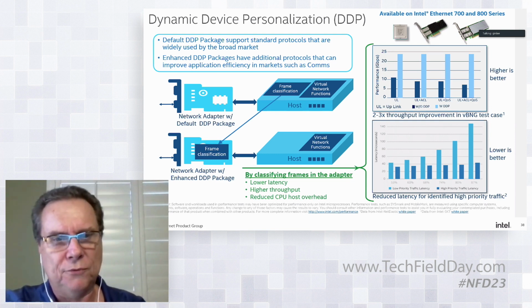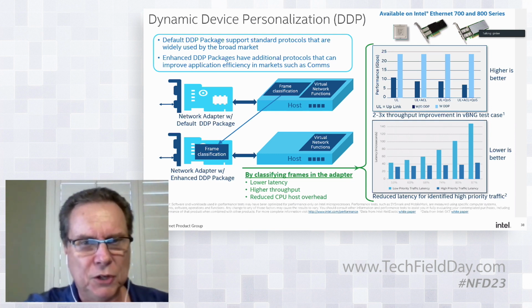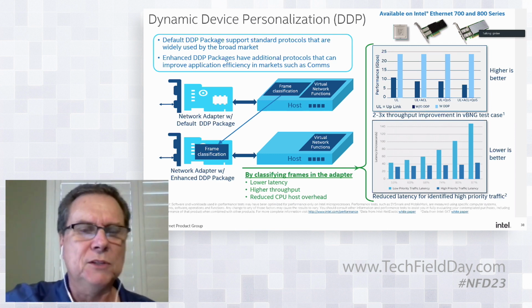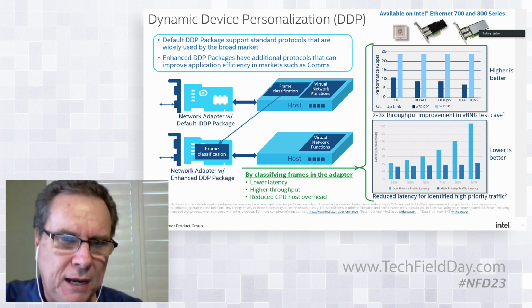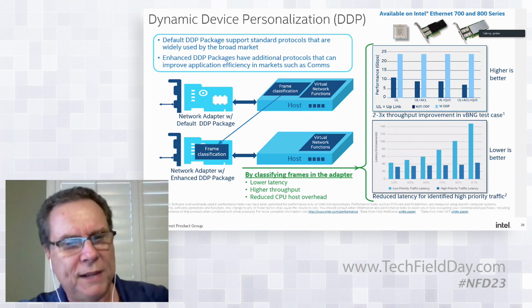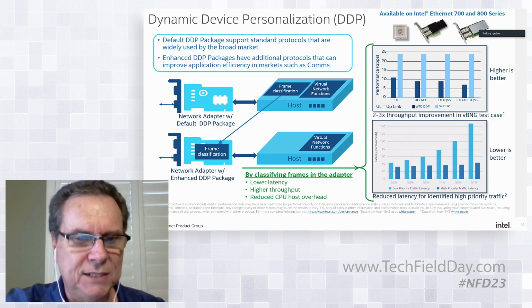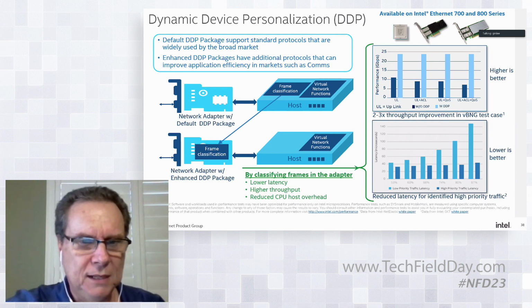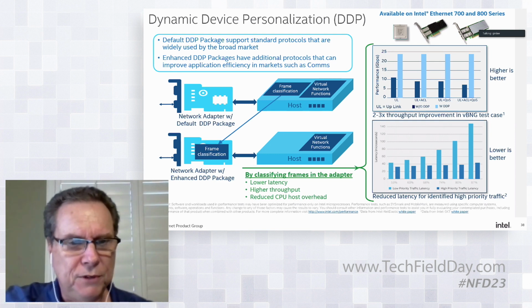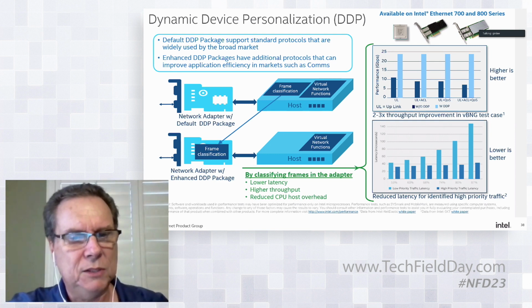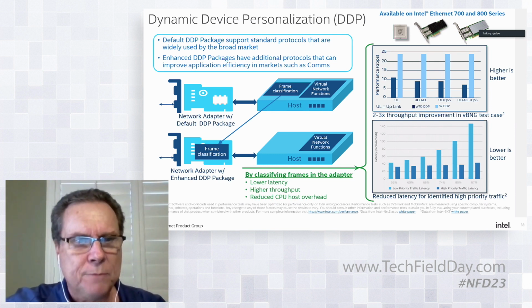The host has to run the frame classification to determine which virtual network function this frame should go to. By running that frame classification on the adapter, we can reduce latency, provide higher throughput, and also improve the efficiency by reducing CPU host overhead.